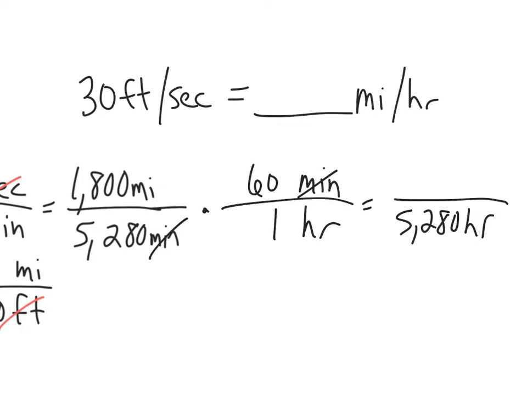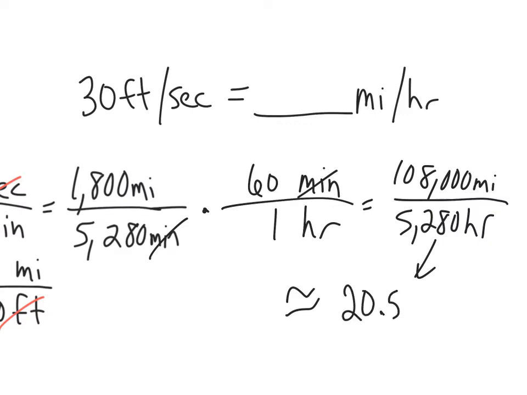If you multiply that out, it is 108,000 miles over 5,280 hours. And then if you divide that out, let's say they want us to go to the nearest tenth. This would be about 20.5 miles per hour.